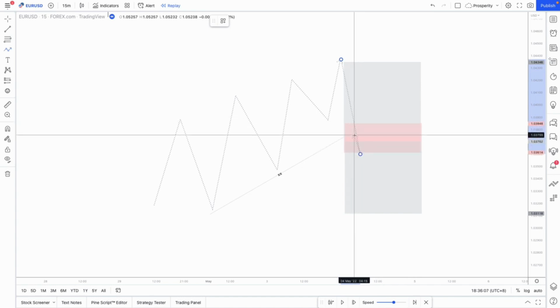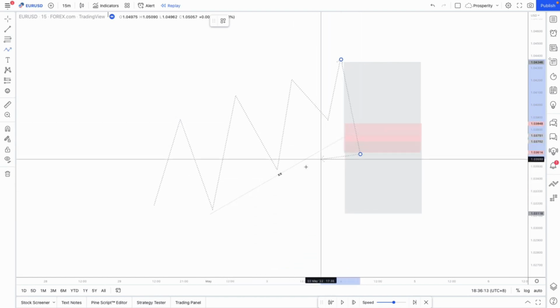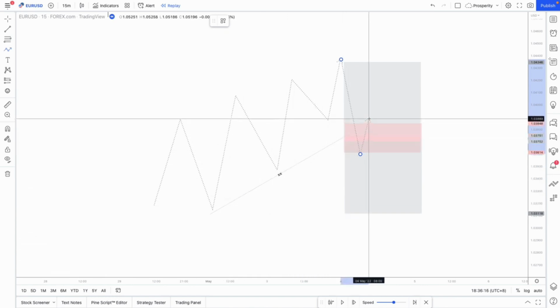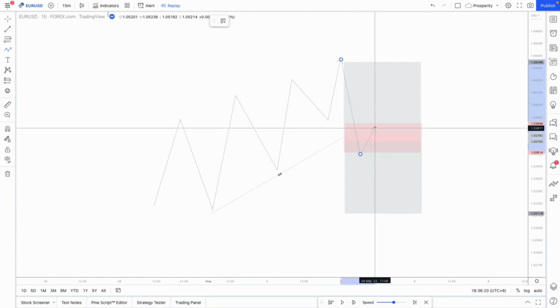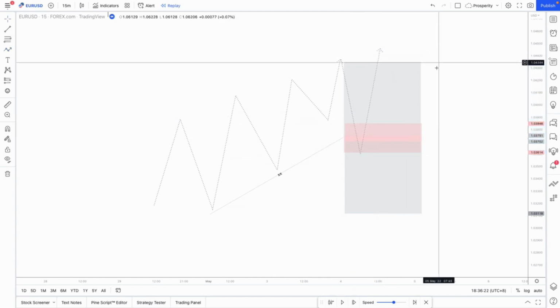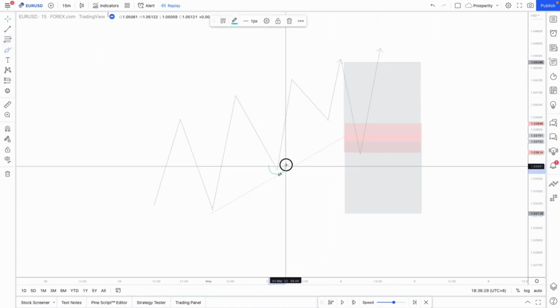Price taps in one set of traders and instantly taps them out, because usually we break to a varying degree. Then as we do that, we also tag in the sellers, and in such a way continue to make a new high. And what you'll notice is we don't actually break the swing low.